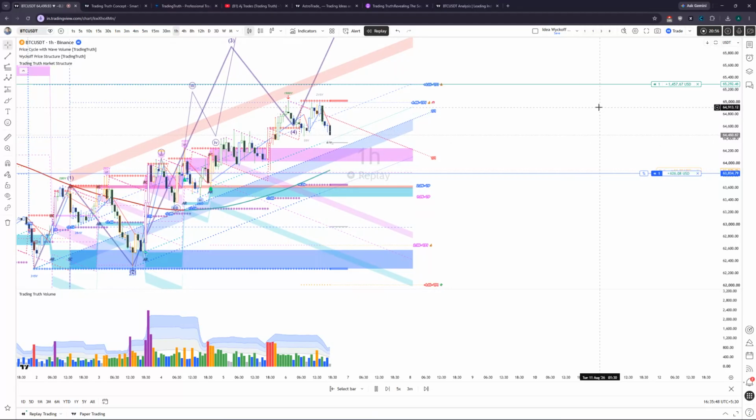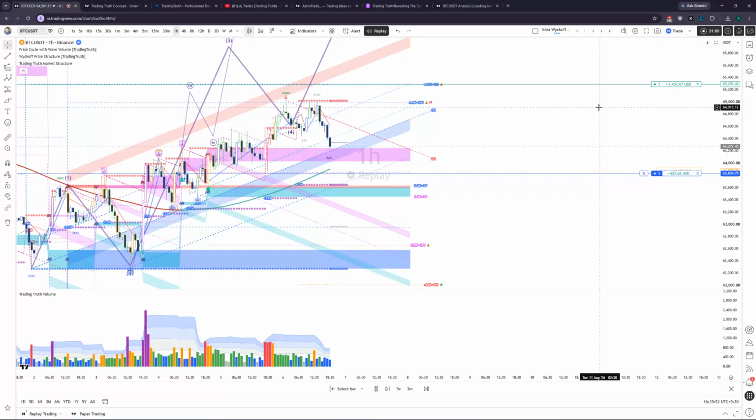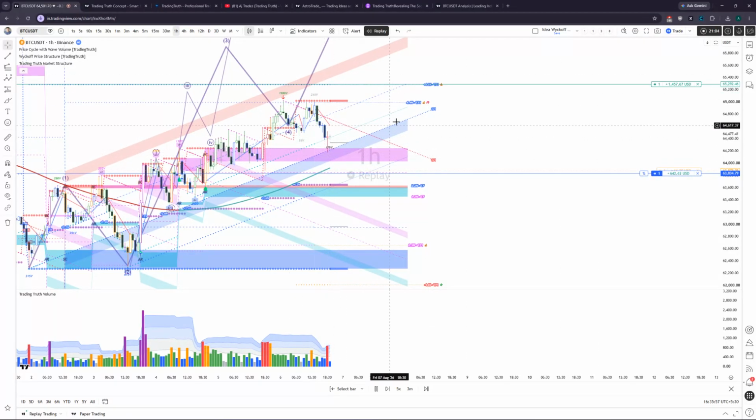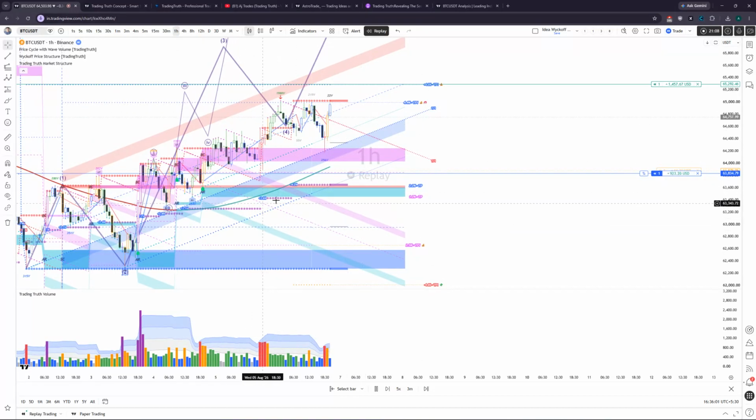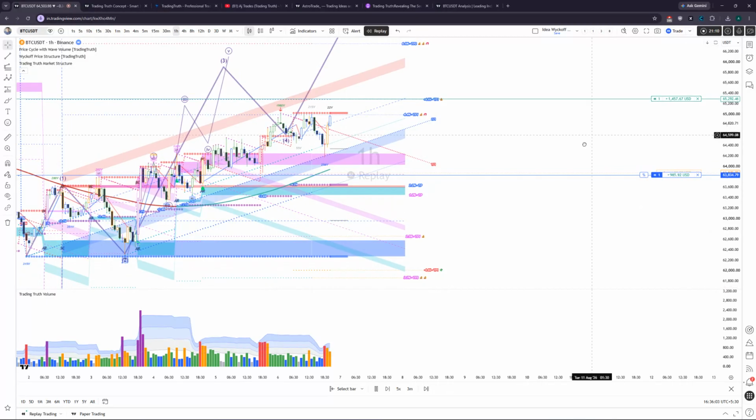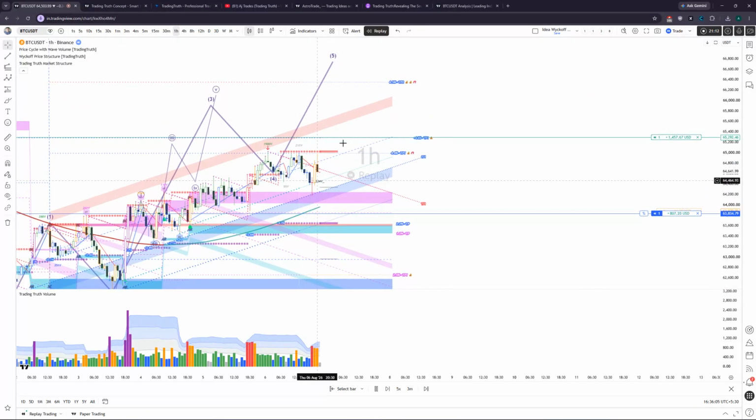So let's see. Yeah, see, it came back to this area, one by one trend line, then it goes up. Boom. We could have added there as well.